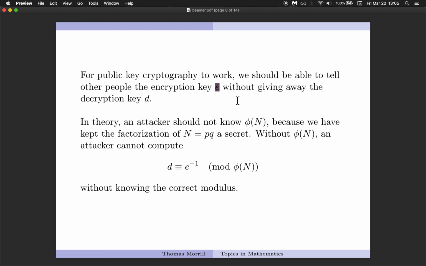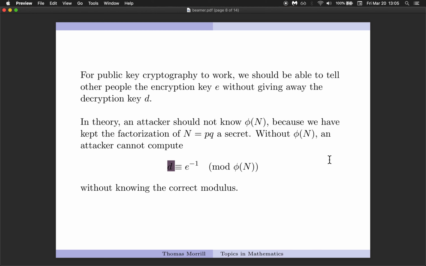How is it that I can tell somebody my exponent E without giving away the decryption exponent? How can I not give away D? Because isn't it the case that my decryption key has to be the inverse of E mod phi of N? Certainly if you have this number, you can just calculate this number using modulo arithmetic.